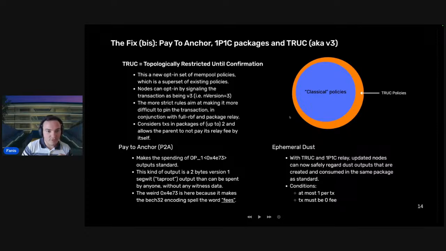Of course, another thing to bear in mind is that if you are running Bitcoin Core 29.0, so with the new topologically restricted until confirmation policies, if you see a V3 transaction, you will apply these policies to this transaction. But any node that is not updated will still use the V2 rules, because it doesn't know what the rules for V3 transactions are.